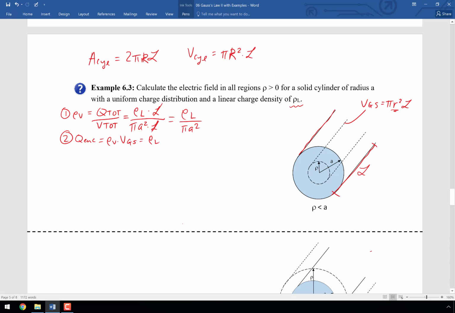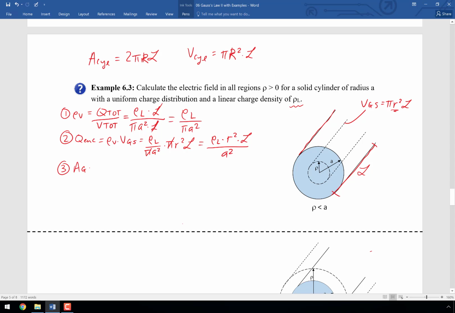So this is going to be rho sub L over pi A squared times pi r squared times L. Well, the pi's are going to cancel, and we're left with rho sub L times r squared times L divided by A squared. And I'm just a little bit nervous that there's still an L in there, but I've still got one more step to cancel things out, so let's see how that works out.